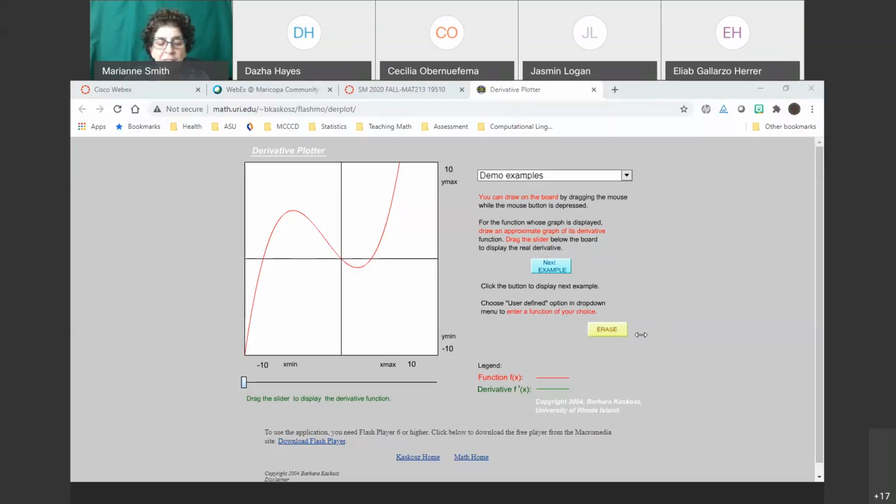Okay, so imagine plotting those slopes as y values. Big positive y value, smaller positive y value, smaller and smaller until right here under the mountaintop, we're at y equals 0. You're plotting the derivative function.